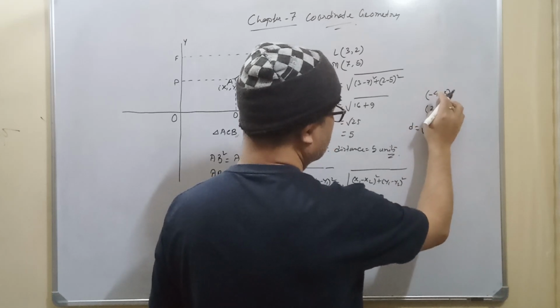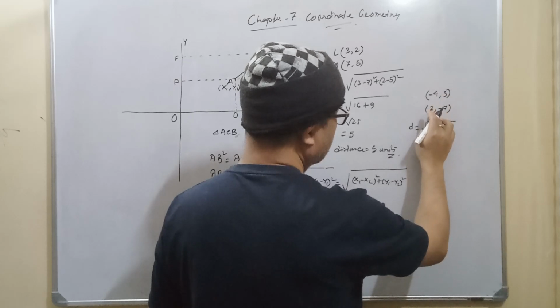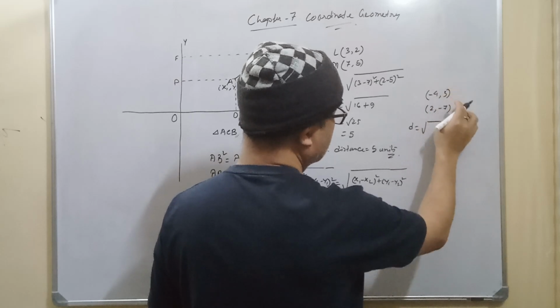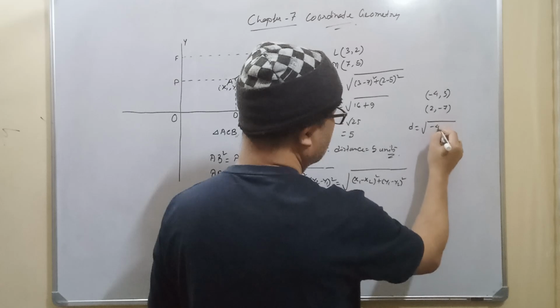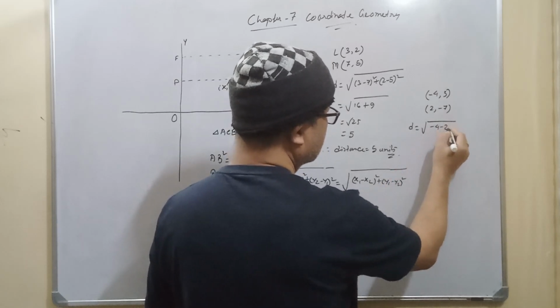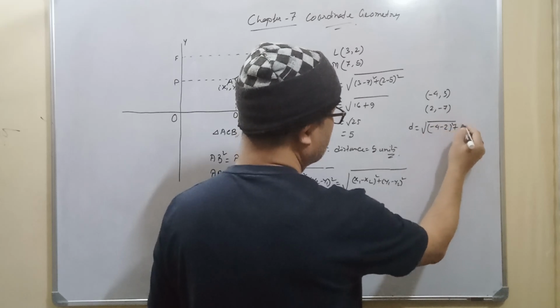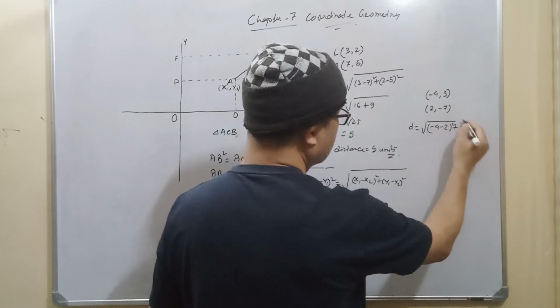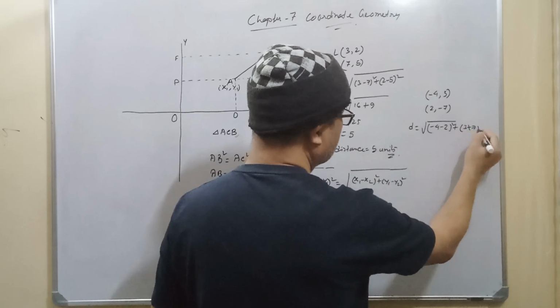Take this one as x1, y1, then x2 and y2, first point, second point, then apply this formula. Minus 4 minus 2 whole square plus 3 minus minus 7, which is plus 7, whole square.